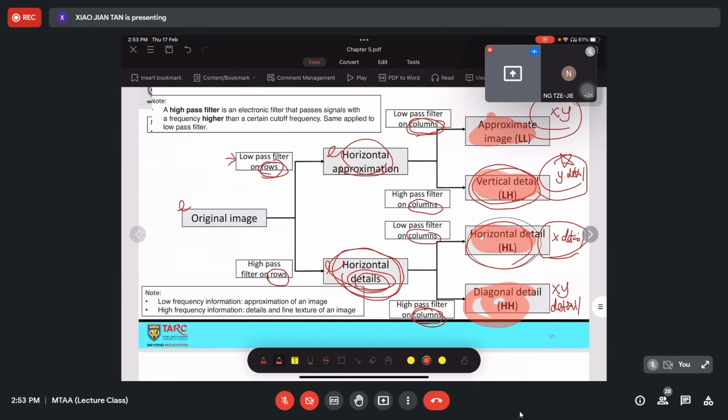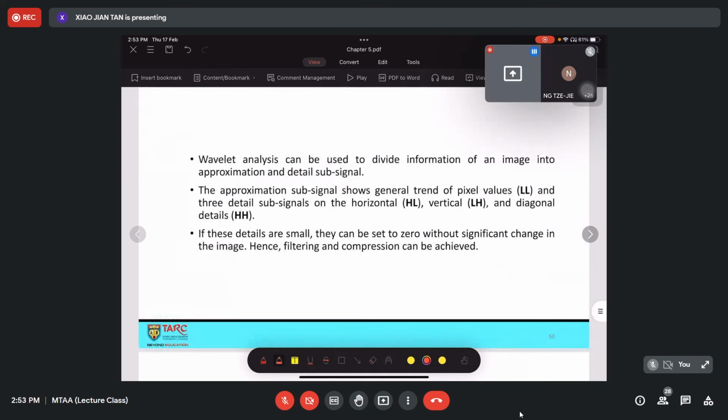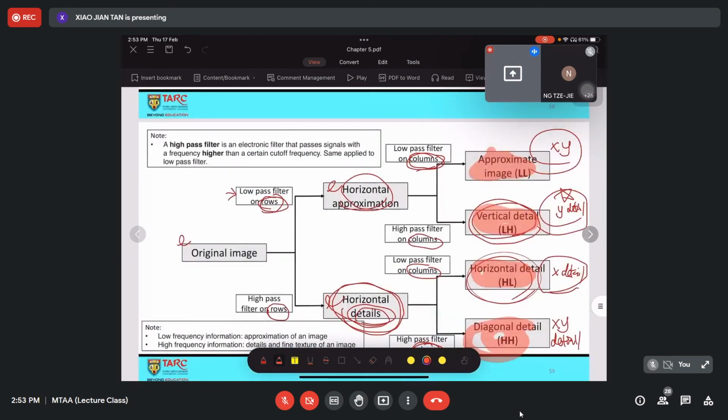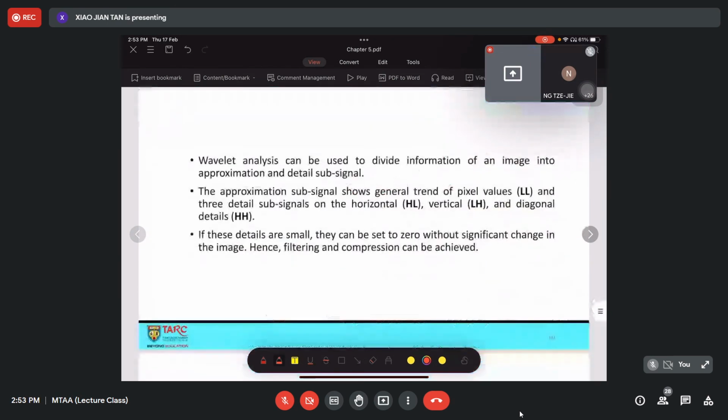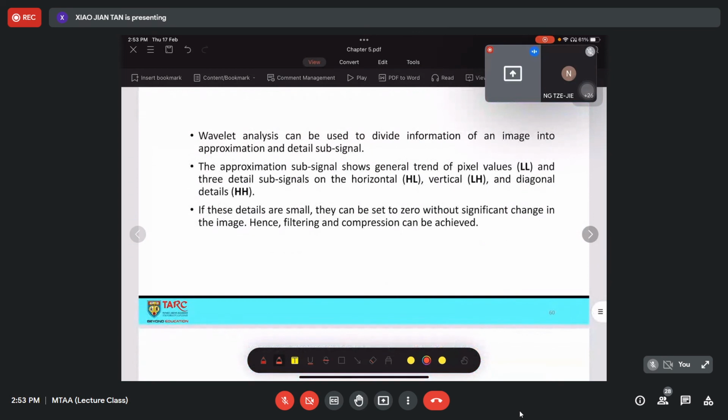Wavelet analysis can be used to divide the information of an image into approximation and details of subsignals. These are subsignals 1, 2, 3, 4. The approximation subsignal shows the general trend of the pixels, LL, and the 3 detail subsignals are HL, LH, and HH.